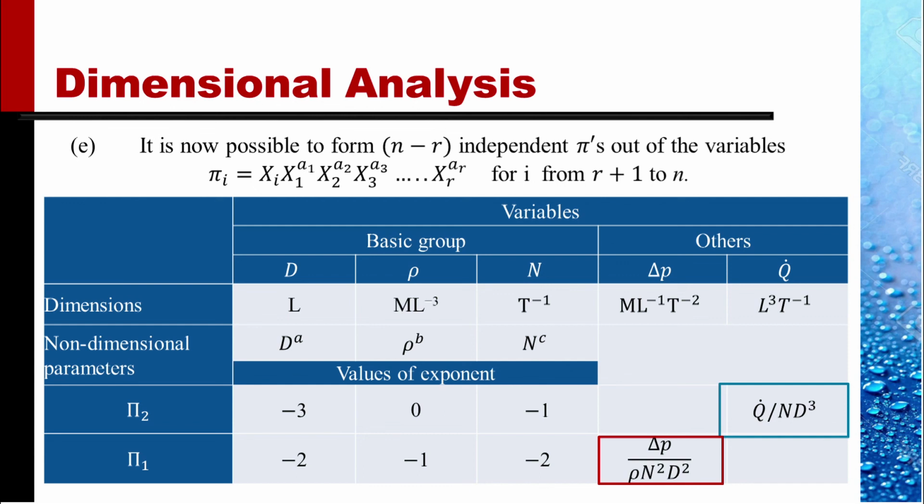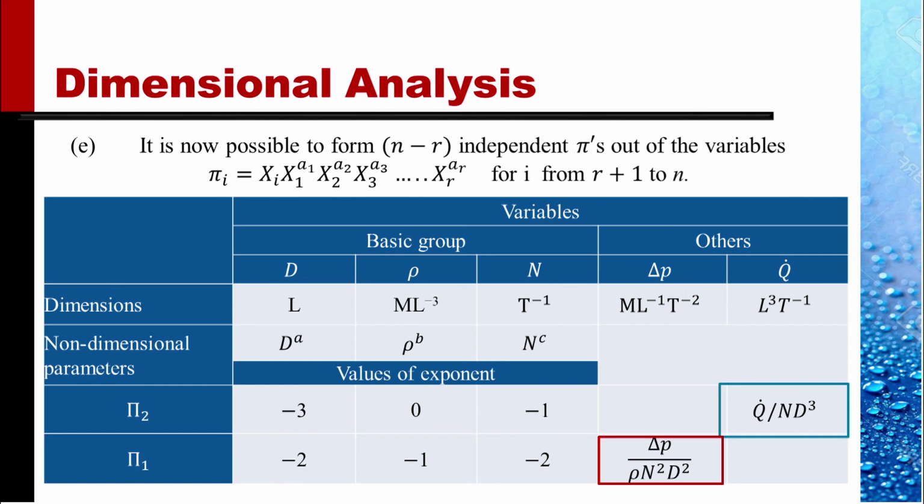We form a non-dimensional parameter as d raised to power a, rho raised to power b, n raised to power c, and choose a, b, and c such that they match up with the dimensions of delta P and Q dot. So we form two pi numbers.